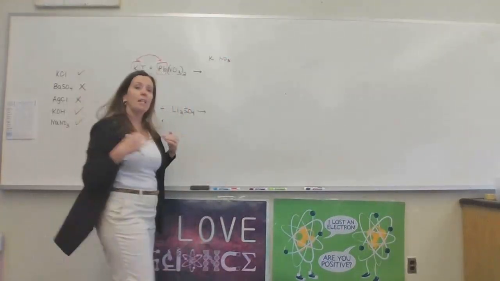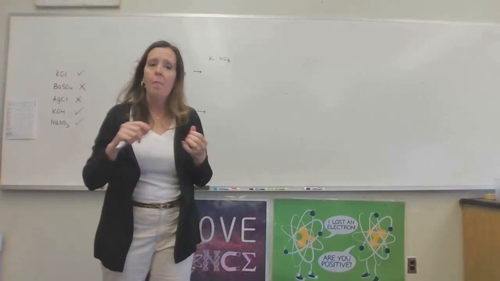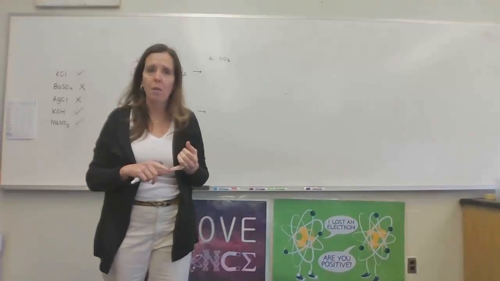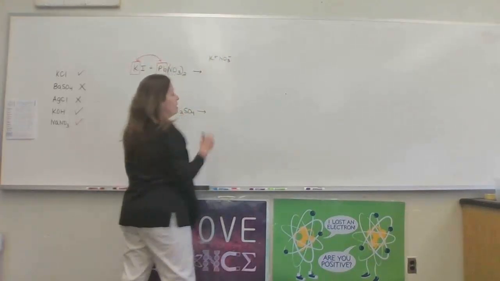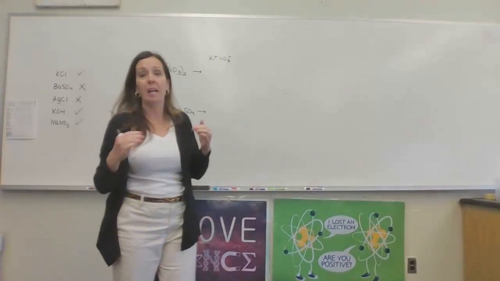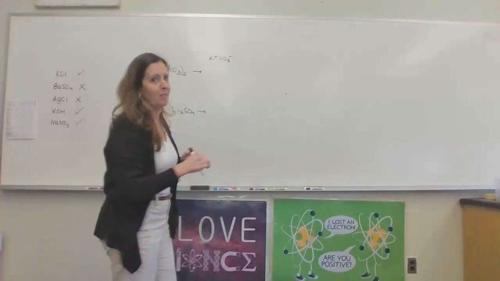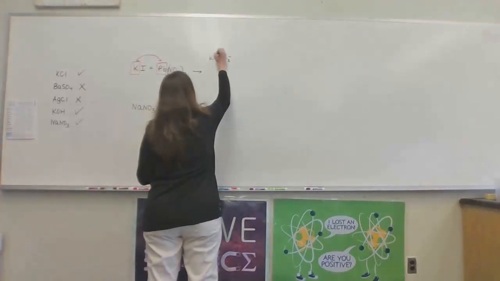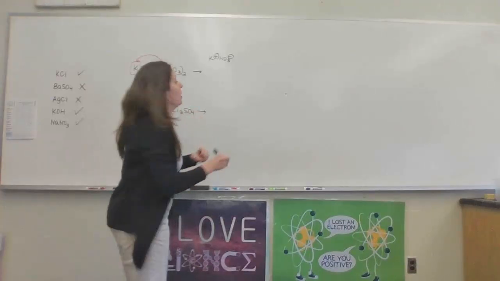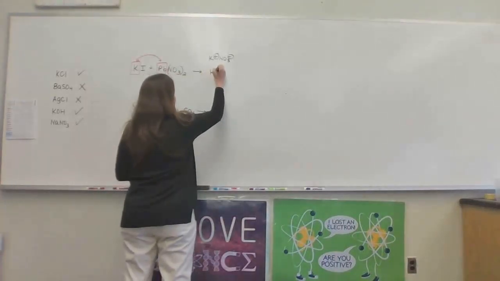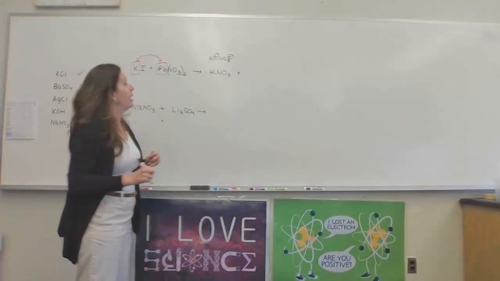Because I am a super chemist and I remember my charges, potassium is in the first column, so I know it takes a charge of +1. I know that nitrate takes a charge of -1 because I have memorized my polyatomic ions. If something takes a +1 charge and a -1 charge, that equals 0. So potassium nitrate is going to look like that.